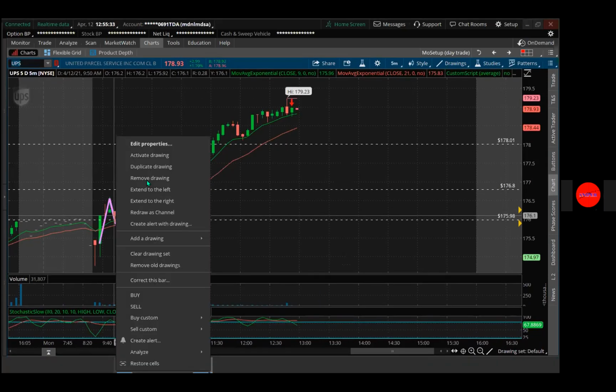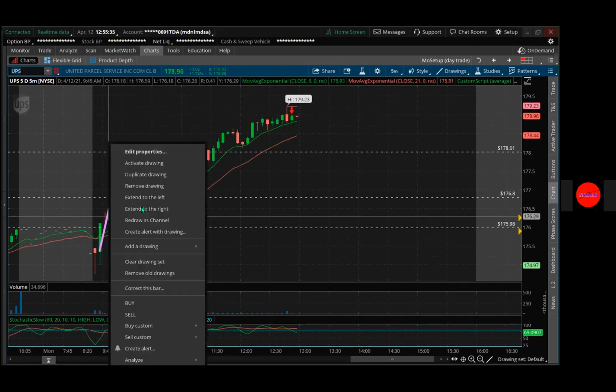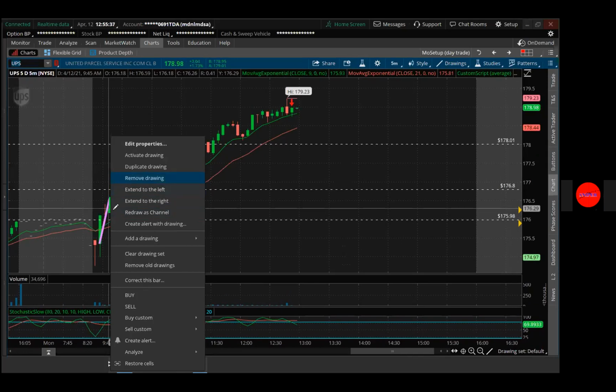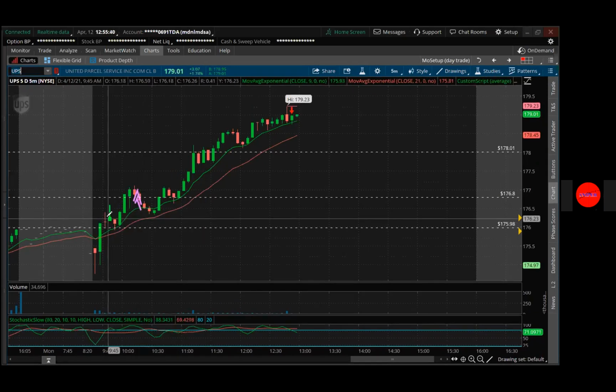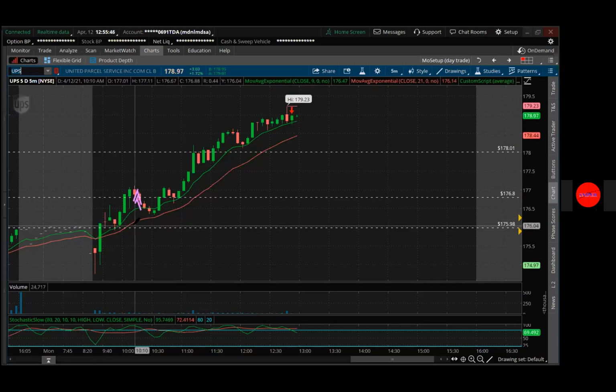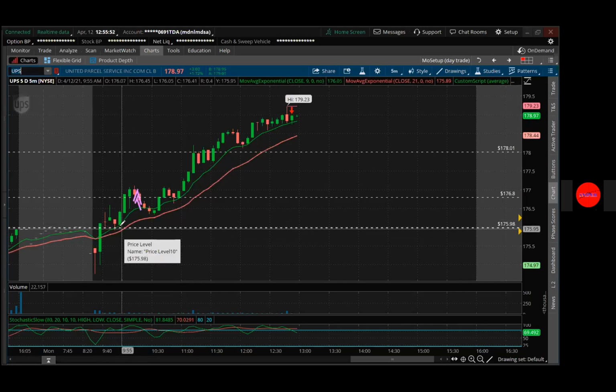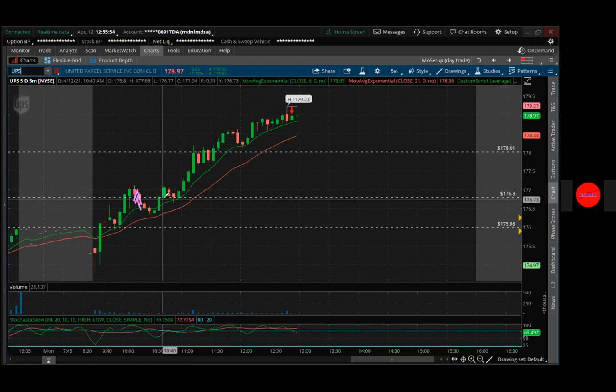I had my entry right here on this red candle. I saw this doji and then I saw a shooting star after an uptrend, so I was like, potential reversal, right? And right at a strong level too. It seems like it bounced off the EMA, right? And I had my stop loss right here. So I did have my stop loss in place, so that was the good part.